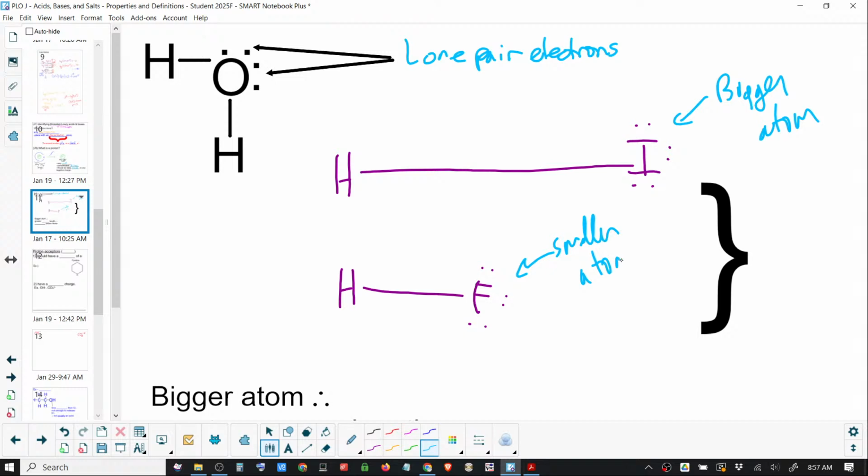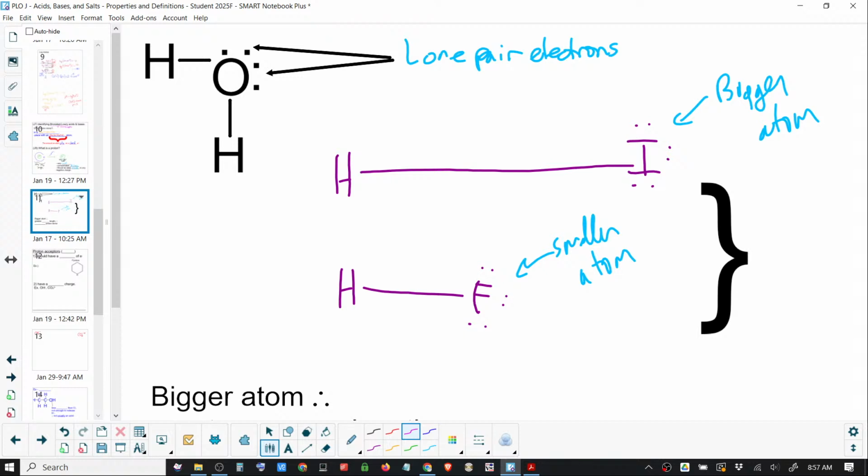Smaller atom. And the line is 2. You see 2 on each. I don't know why, but I know it's right.